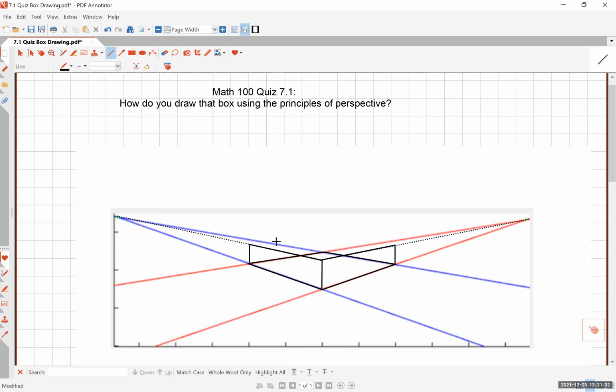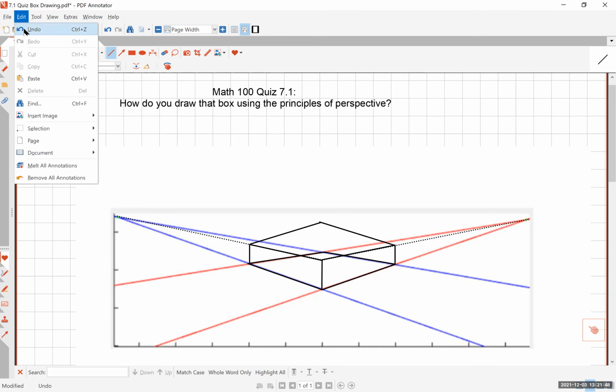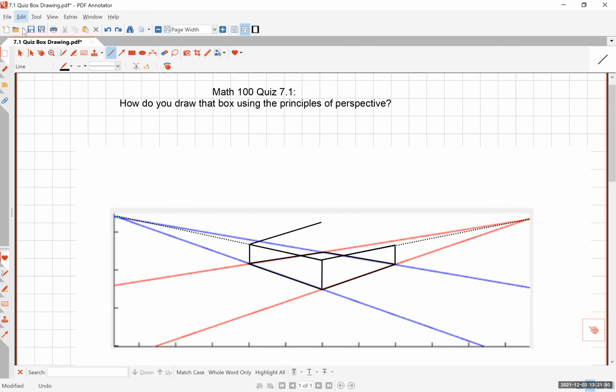Now I need the edge that goes from here, left-hand side top, to the top vertex that's far away from you. I can't simply go like this, because that's not according to the principles of perspective again. What do you know about these two edges? That's right.